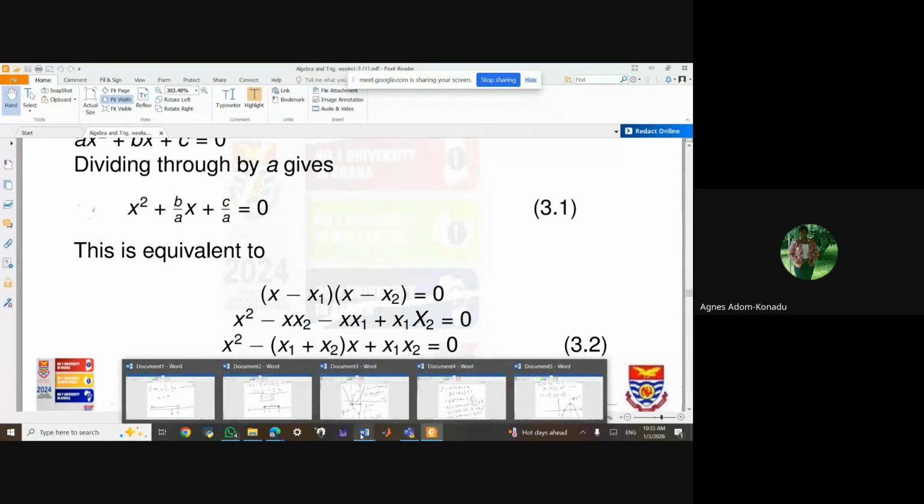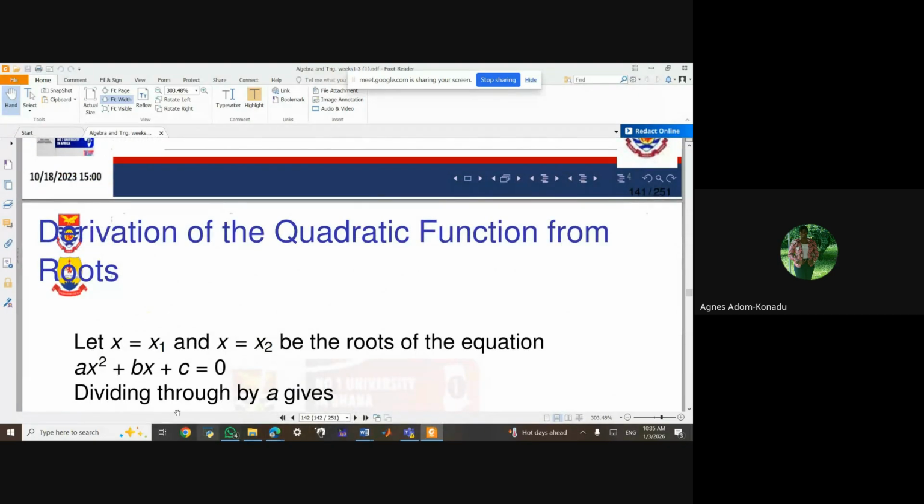So we are saying that from here, the roots of the function are x equal to x1 and x equal to x2.